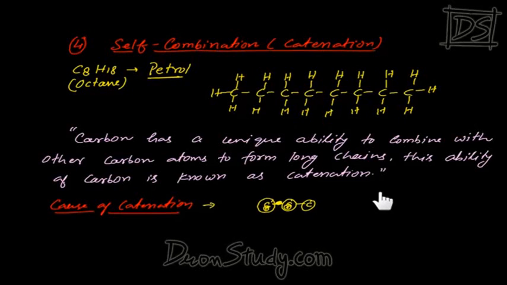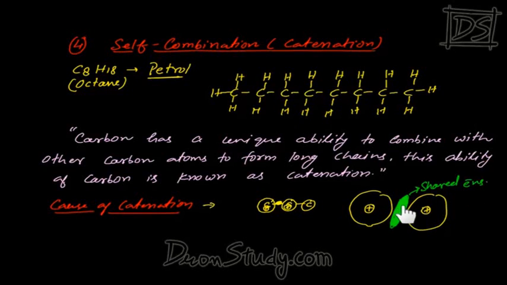Let's zoom this picture a bit. This is a carbon atom, this is its nucleus. This is another carbon atom and this is its nucleus. When the sharing of electrons happens between these two, I am making electrons in between. Suppose these are your shared electrons.